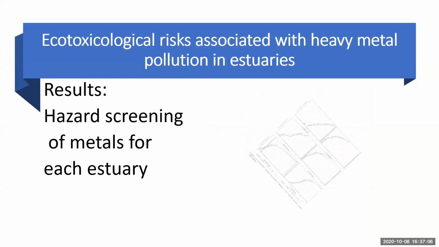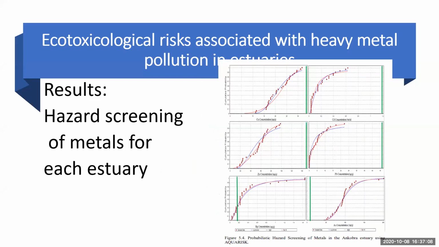Okay, so what did we find? These were the risk maps, the probability distributions per the sediment quality guidelines that we put into the software. Basically, anything that falls before the green line means that it's safe, it's not of concern.